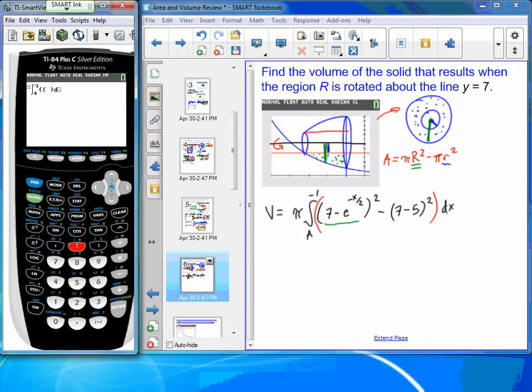Left paren, 7 minus y1, close big R squared, minus, and isn't that just 2 squared? We can do 2 squared or we can do 4. That looks like R squared minus r squared, so I'm going to do that.